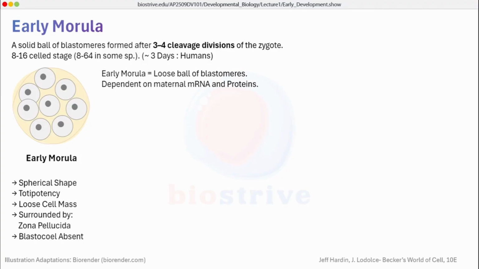For this early Morula, it has to be noted that the cells are entirely dependent on maternal mRNA and proteins. The entire genome of these cells is suppressed. As we saw in the video of cleavage, there is only S phase and M phase active. The G1 phase and G2 phase are entirely suppressed or very much reduced.